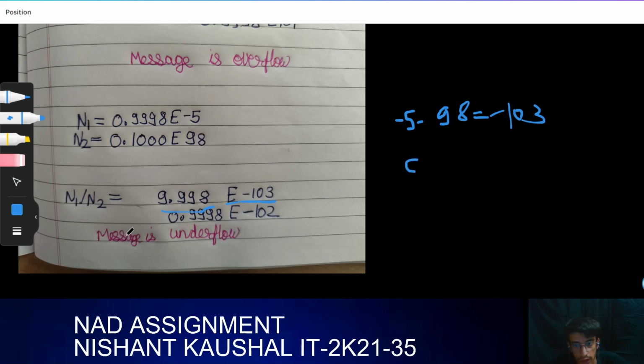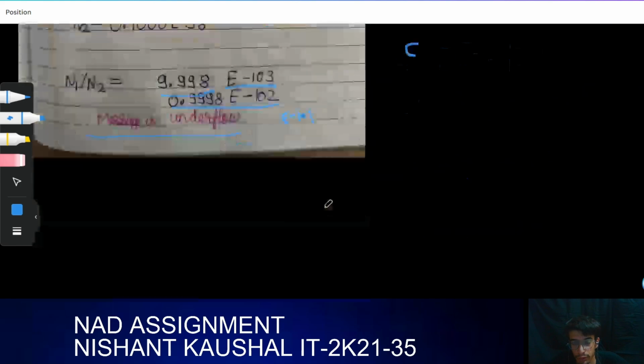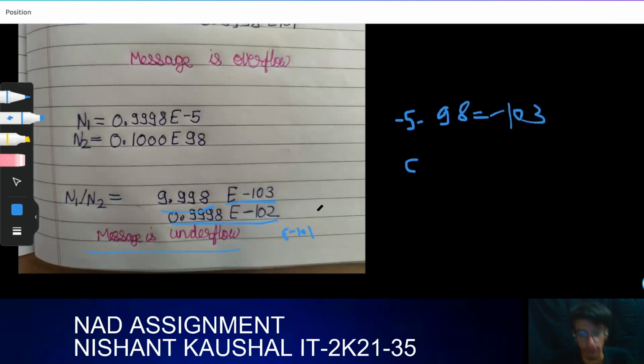So it could also be written as 0.998 e to the power minus 102. Here the message will be underflow, because e to the power minus 101 is a very small number, as I have explained before. So here the message will be underflow.